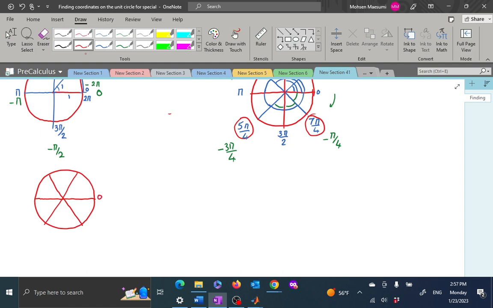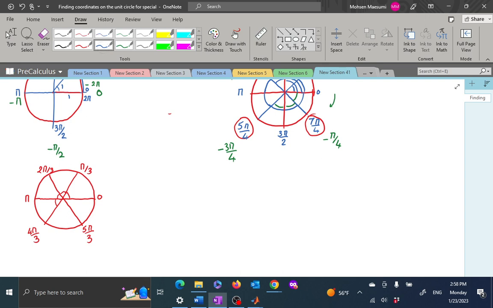So if this was 0 and pi, a third of that, which will be this, will be pi over 3, and this is going to be 2 pi over 3, and then this is 2, and then 3, and this is 4 pi over 3. So 4 pi over 3, and then if you come here, it becomes 5 pi over 3, and then 6 pi over 3. We are back at 0.